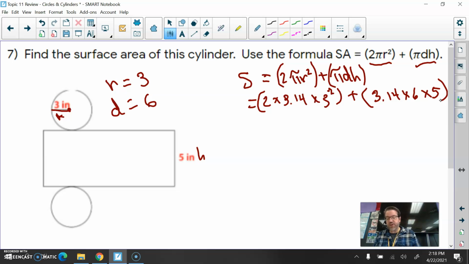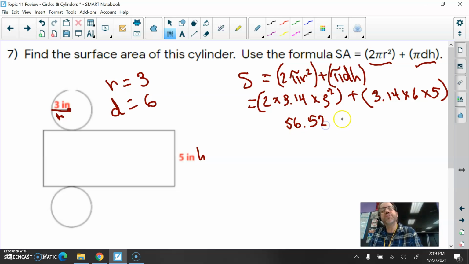And then we're going to go ahead and solve each of these separate quantities, and then we'll add the results together. So 2 times 3.14 times 3 squared. That'd be what? 9 times 6.28. 56.52.